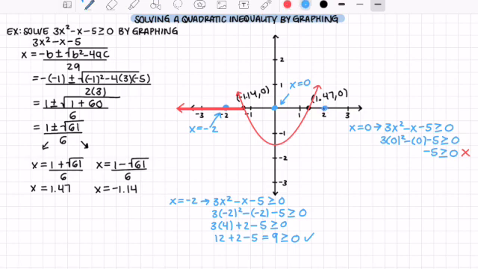And then the last one, let's try x equaling 2 and see if that works instead. So here, if x equals 2, we have 3x squared minus x minus 5 being greater than or equal to 0. When I try it out, I get 3 times 2 squared minus 2 minus 5 being greater than or equal to 0.